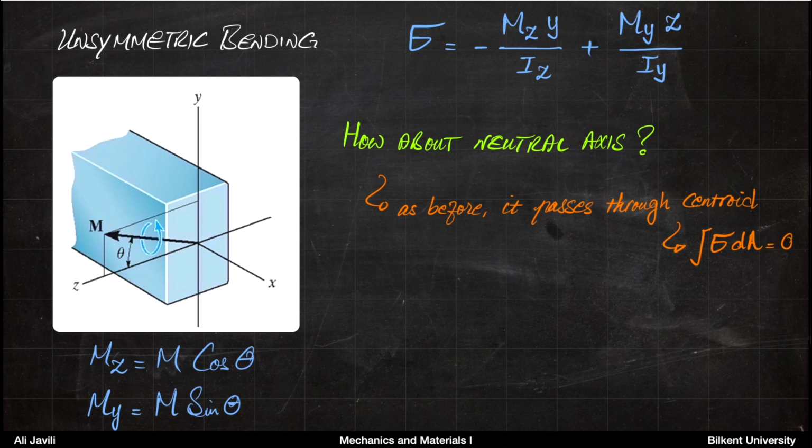And if you insert the stress in this integral, I'm not going to do that, but you can clearly see that if you are on the centroid, so if y is 0 and z is 0, this integral would be 0.